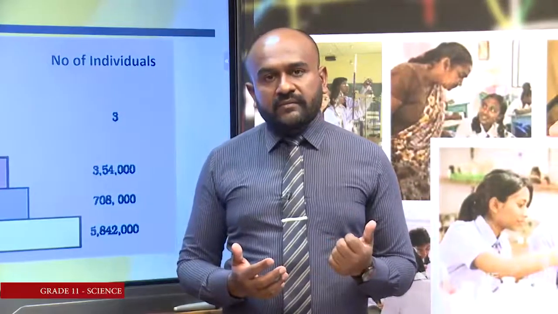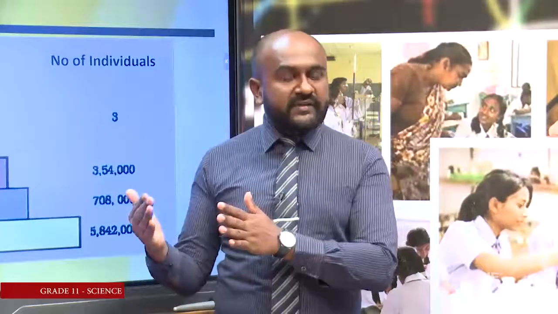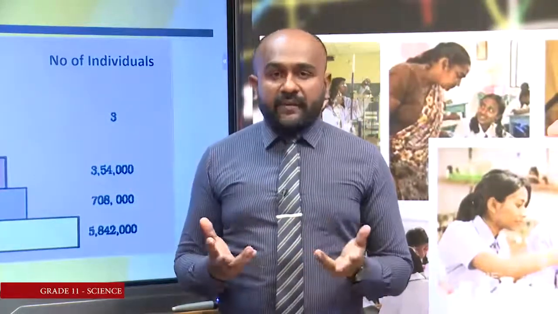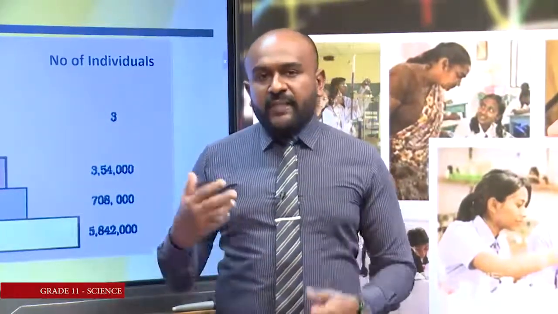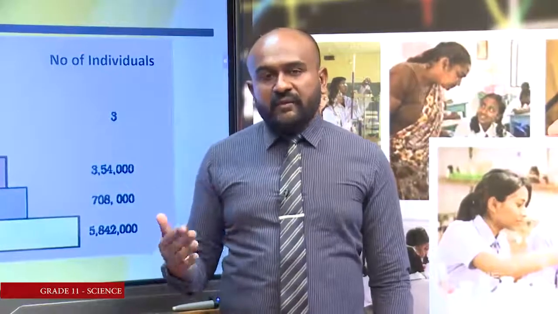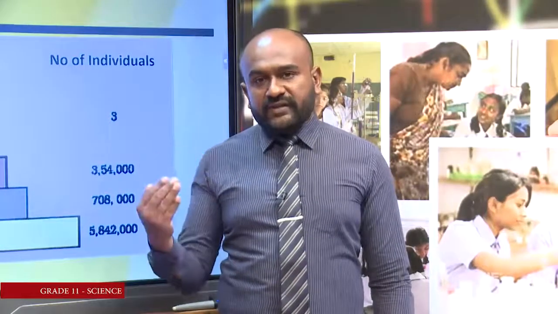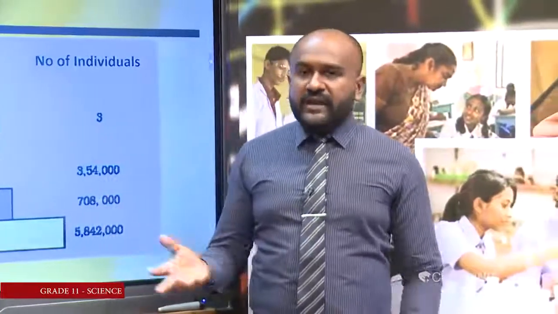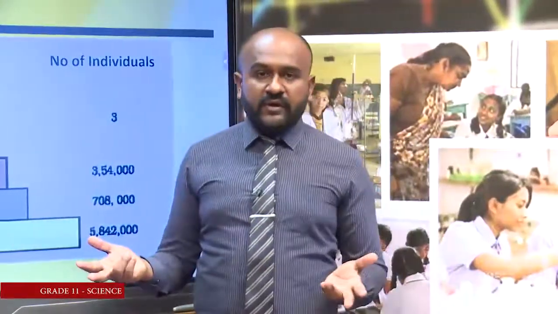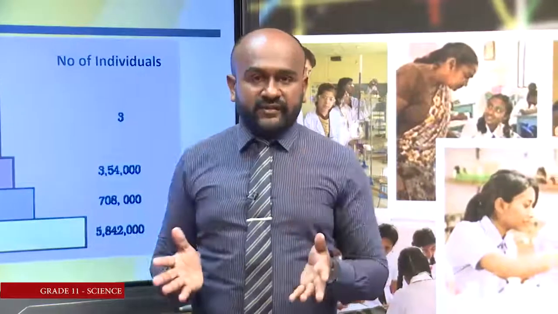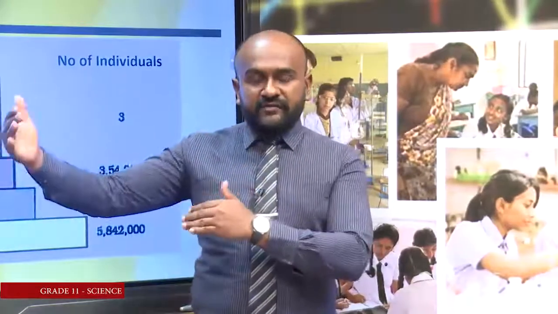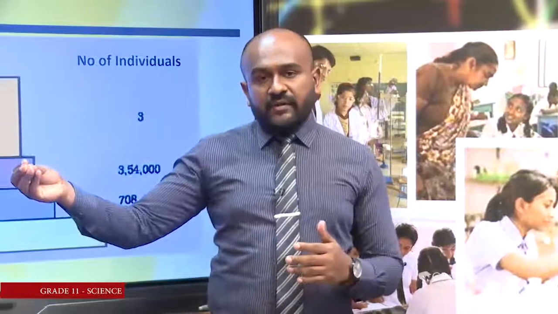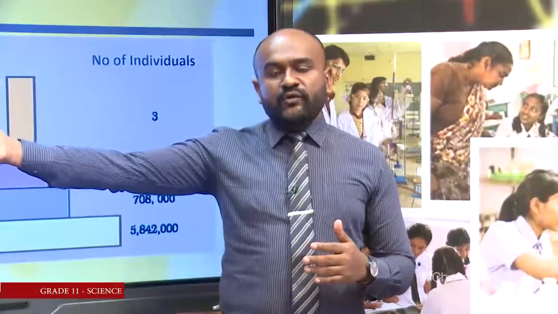Just think. Now, in the number pyramid, we consider the number only. Yeah, there are instances where the number pyramids become inverted, because number pyramids do not consider the size of the organism. Just think of a mango tree, and it can produce many fruits, but number wise it is just one tree, and there will be many birds which can feed on that tree, and there will be several other animals which feed on those birds.